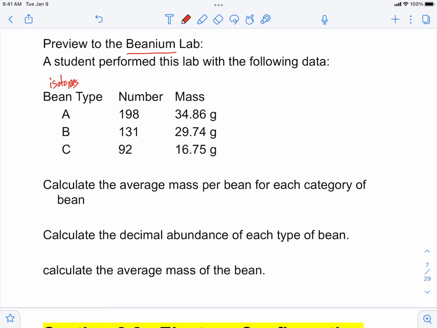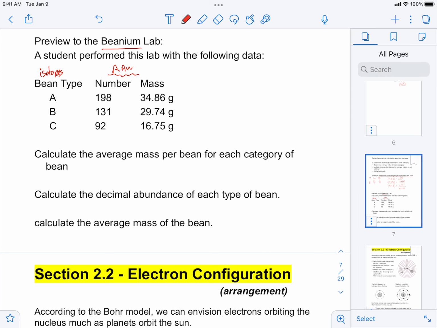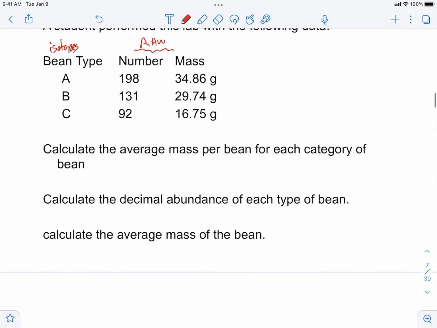Here, this is just all raw data. What we need to do is process this data a little bit so that we can carry out that calculation. So I'm going to need more space. I'm going to add a page here underneath. Okay.